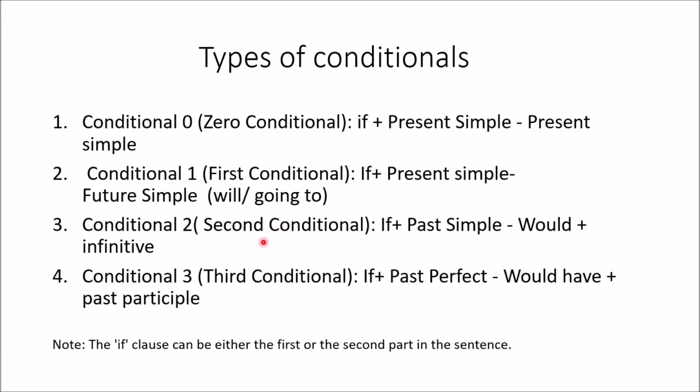Second conditional is formed using if plus past simple to follow with a main clause formed by would and a main verb in infinitive or the base form. Type 3, third conditional, makes the if clause using if plus past perfect and would have plus a past participle to make the main clause.